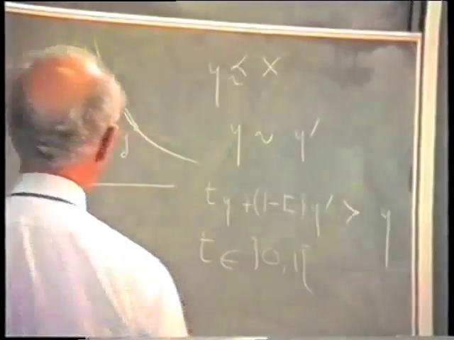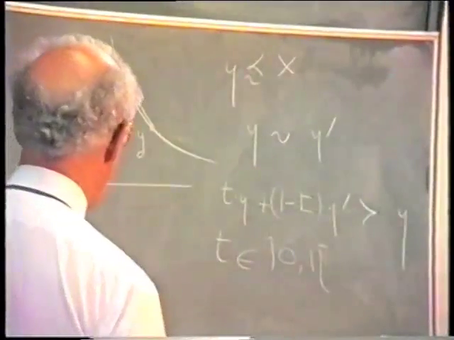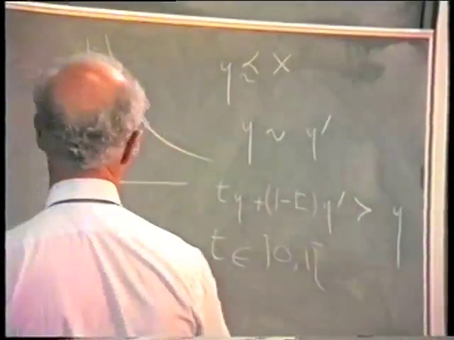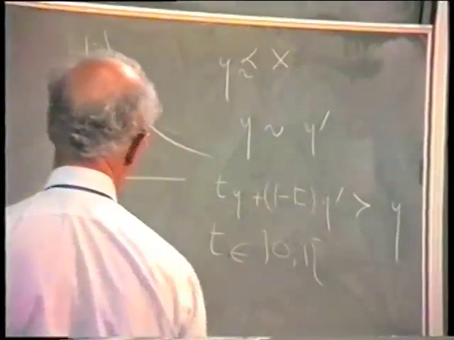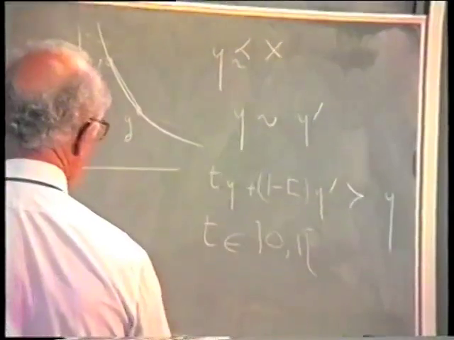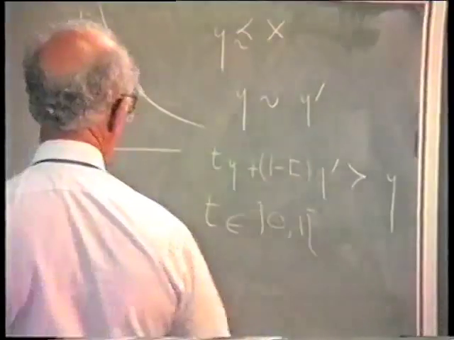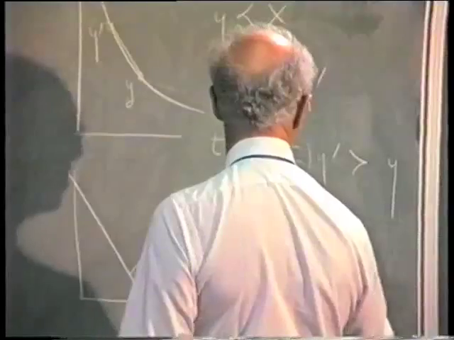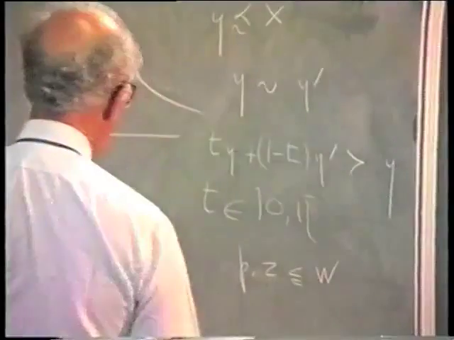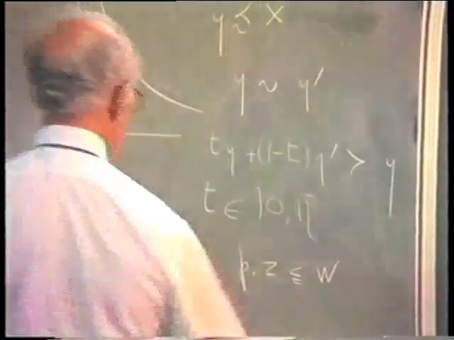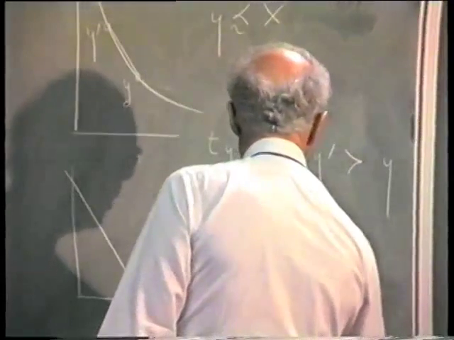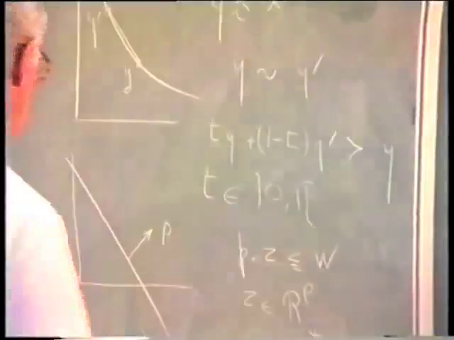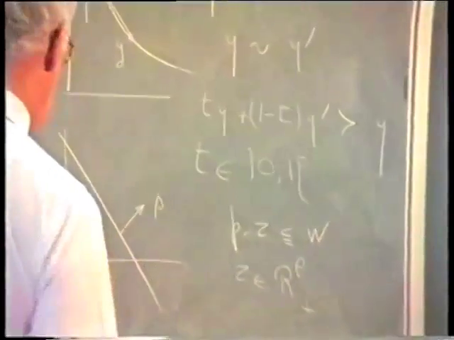And by the way, why should we ever assume that a preference relation is convex? I think the best sign is simply this. If you take a budget constraint, that is to say, you have a price vector, and you consider the points z such that Pz is at most equal to W, and of course z belongs to RL plus, that is to say you face that consumer with a budget constraint, a price vector and a W given.